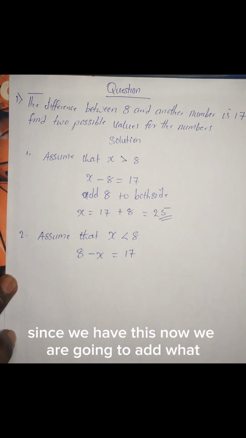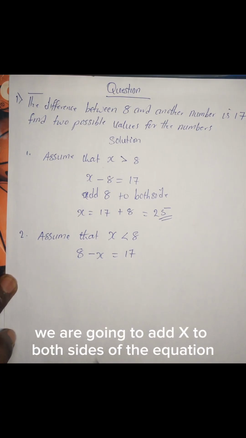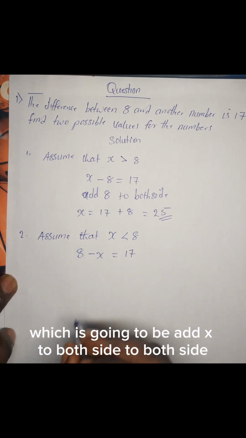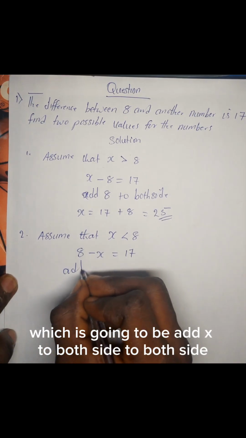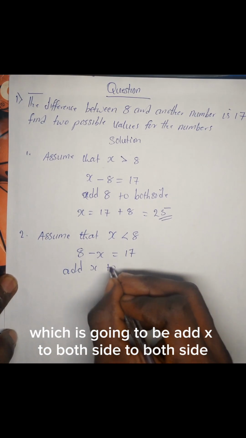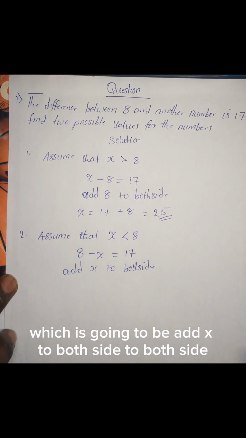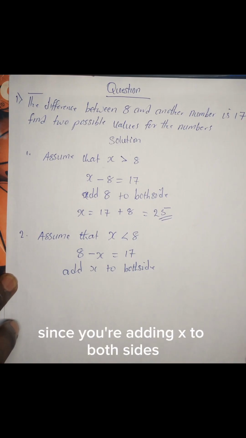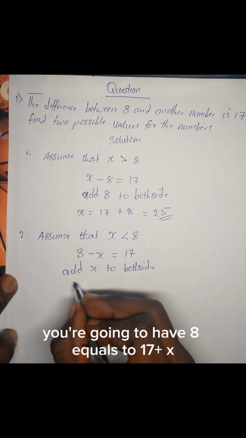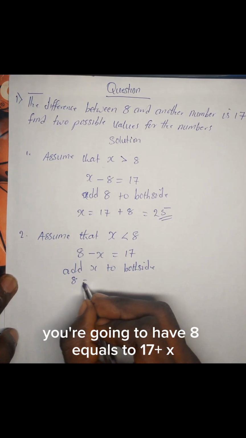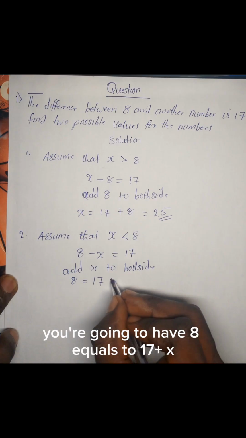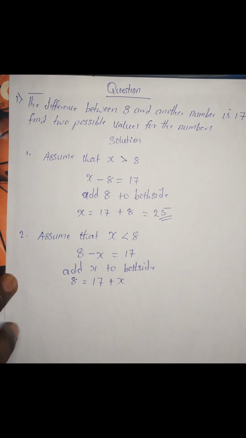Since we have this, now we are going to add what? We are going to add x to both sides of the equation. Since we are adding x to both sides, we are going to have 8 equals 17 plus x.